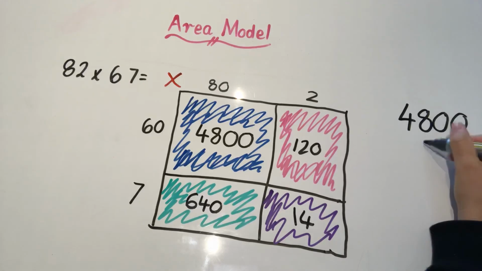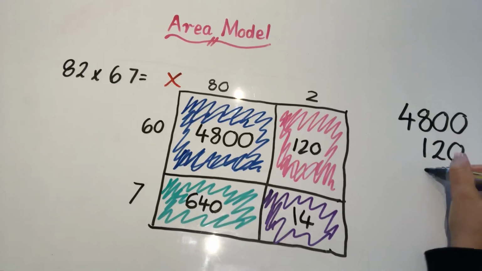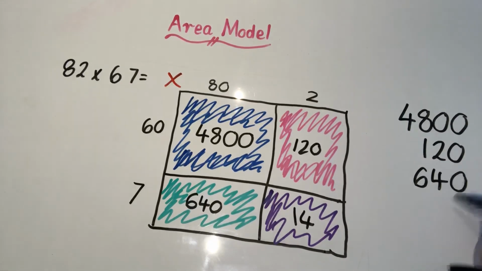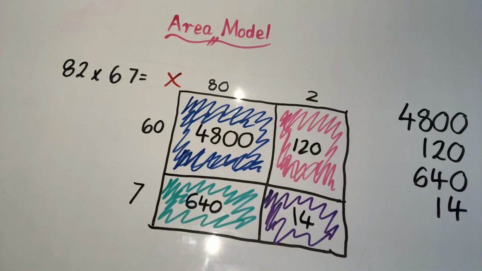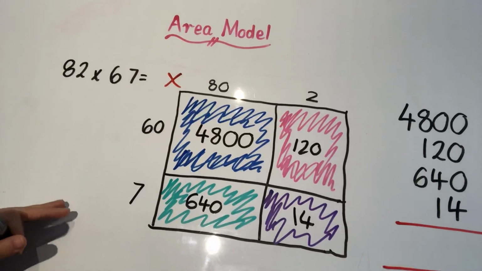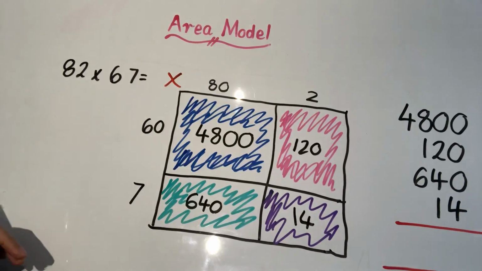So 4,800, 120, 640, 14. This is a really good process as well, because you're not only practicing your multiplication, but you're also practicing your addition, and it's that 2-step process as well. So it's really challenging.